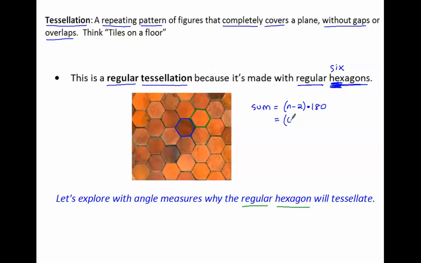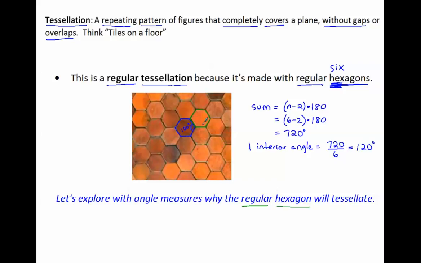So this one, 6 minus 2 times 180, or 720 degrees. Now that's the total, all of them added up together, but there are 6 of them that are all the same. So each one interior angle is going to be 720, the total, divided evenly by those 6 interior angles, which makes 120 degrees. So each of these interior angles is 120 degrees.